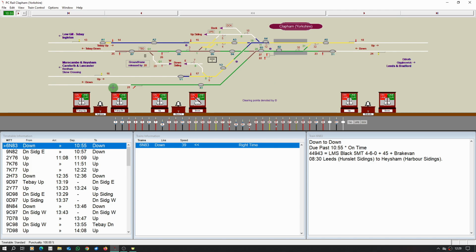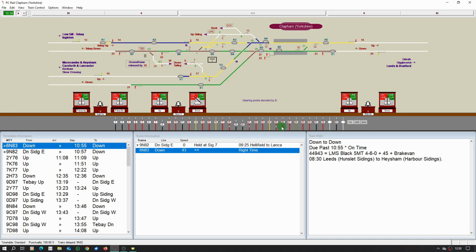Track circuit's now clear, so we know it's gone past 21, and we put 21 back. Right, we've got a request from the yard. This class 9 wanted to come back out again, so we can say yes.